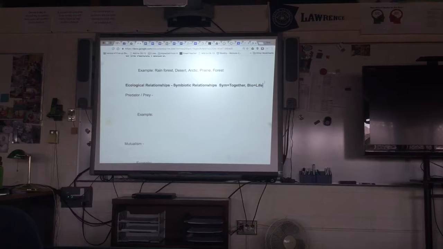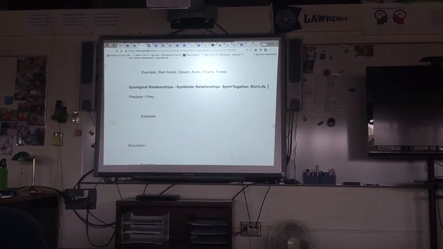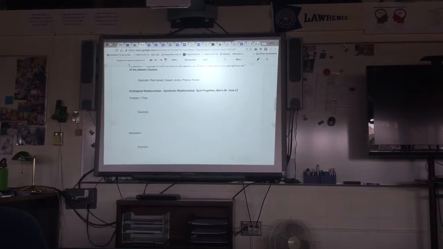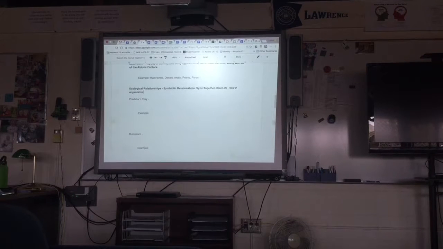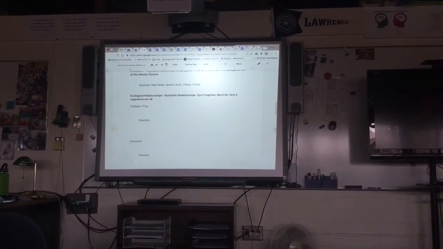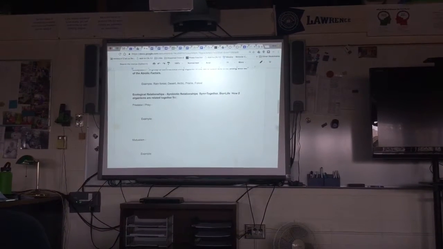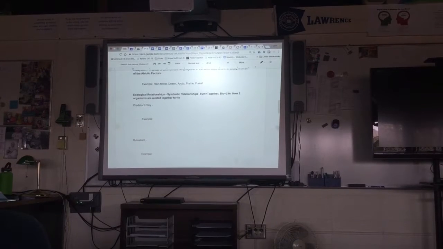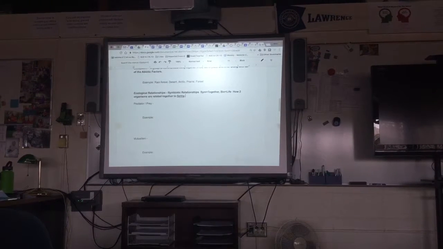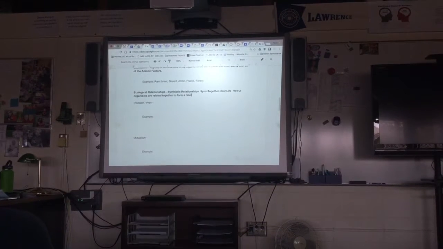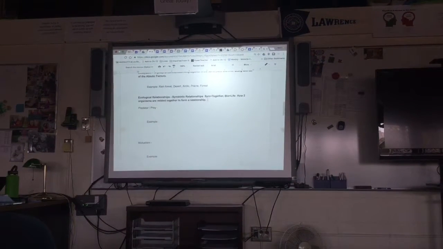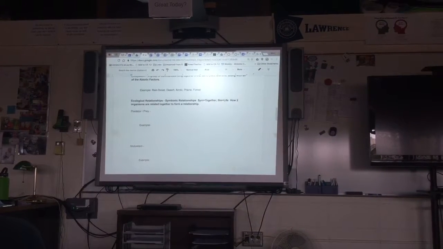We're also talking about how two organisms work or are related to form a relationship. That would be our actual definition of a symbiotic relationship: two organisms related together to form a relationship.